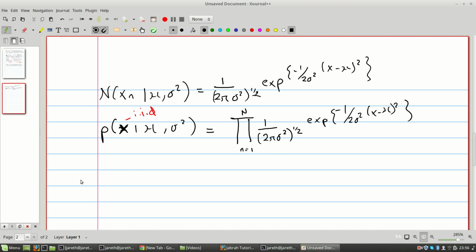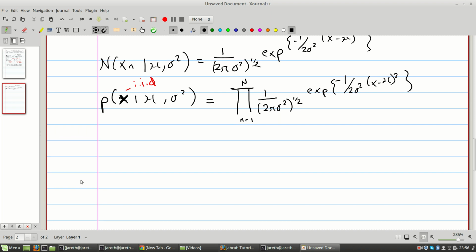But now we want to maximize this function, and it's more convenient for us to maximize the log of this function. So first we need to take the log of this function. To do that, we apply ln of p of x given mu comma sigma squared, and this should be equal to the ln, the log of this whole expression.